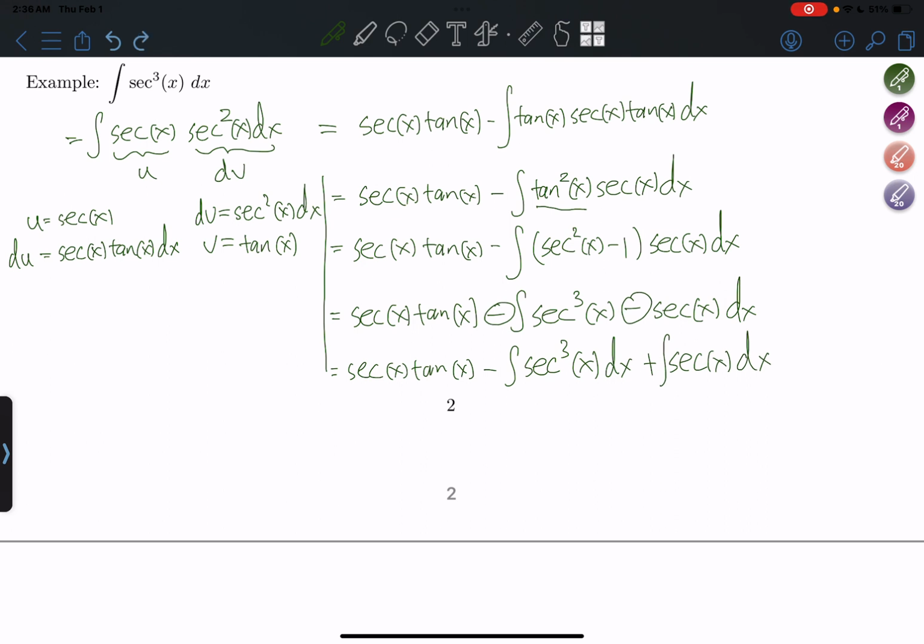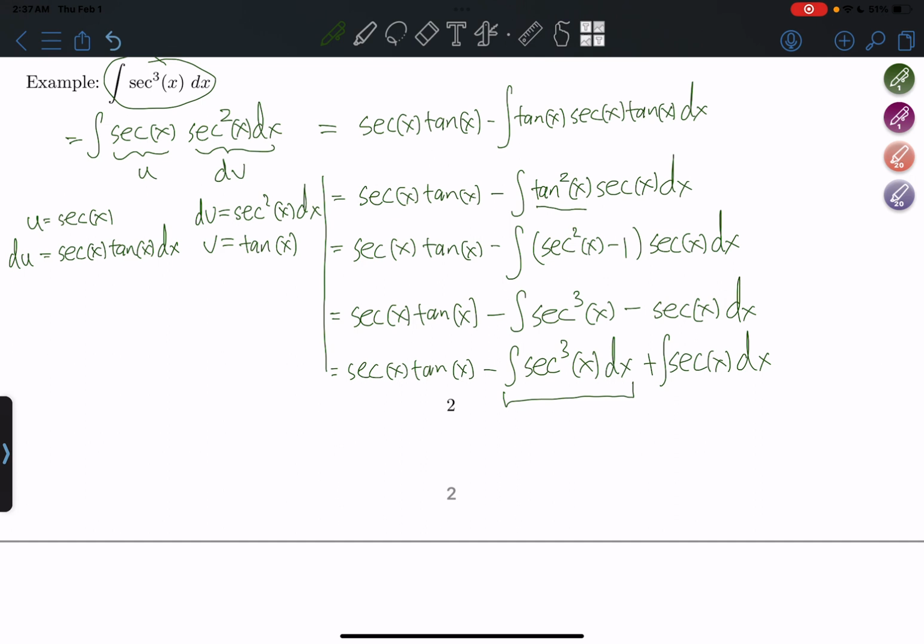I simply just distributed. But what is interesting here is I actually got another copy of secant cubed x, which is what I started with.